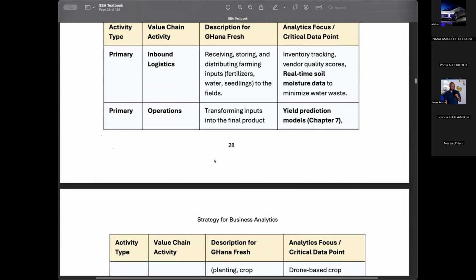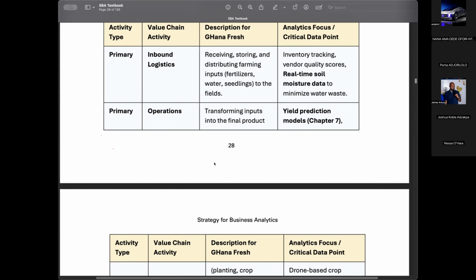Okay. Inbound logistics. I would like to use my AI tools or my technological digital tools to do inventory tracking and check my vendor quality scores. I'll score the vendors, and I also collect real-time soil moisture data to minimize water waste. Now, this one I'm using to analyze a firm.